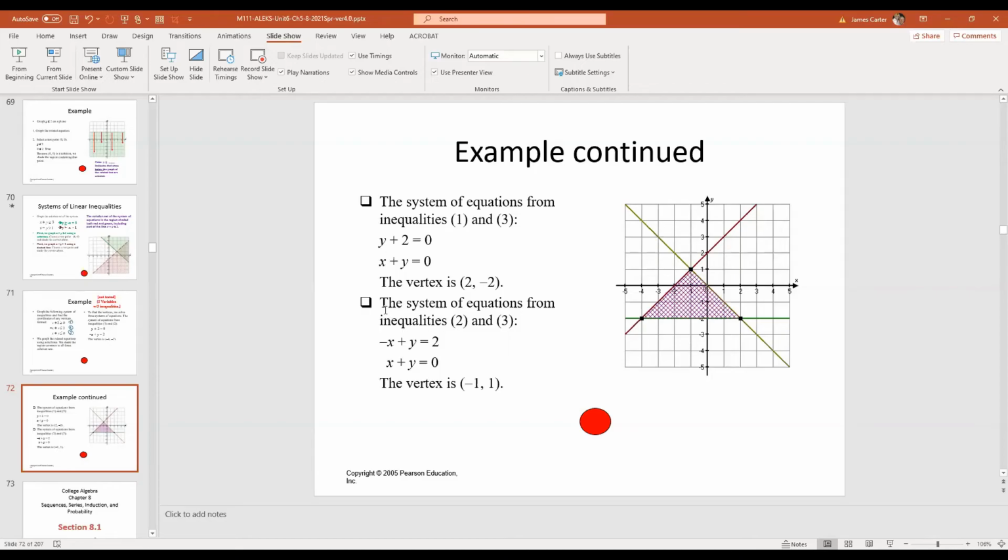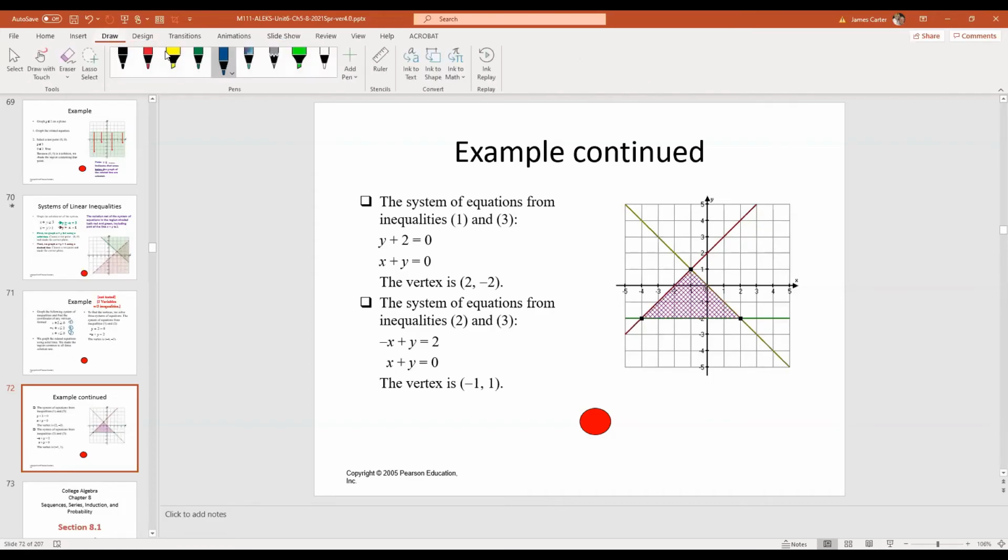Let's see if I can demonstrate that any better for you. Okay, for this equation, everything here, whoops, I got to undo that.